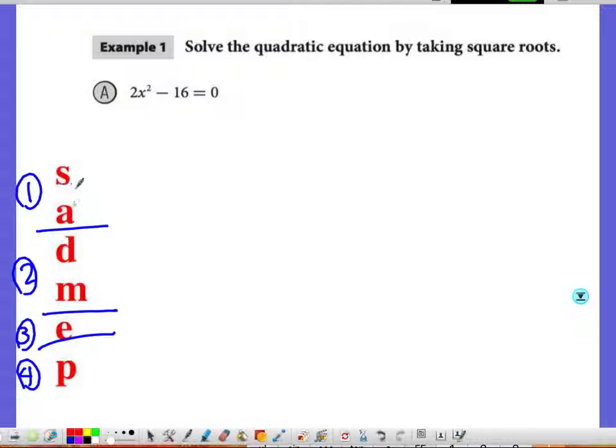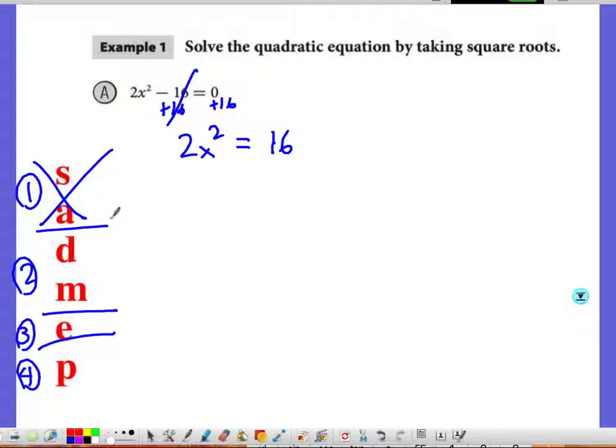So first of all, do I have any addition or subtraction here? Yes, I do. I'm subtracting 16 here, so I want to do the inverse of it, which is to add 16 to both sides. And so what I get is 2x squared is equal to positive 16.